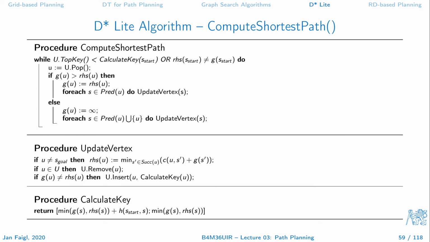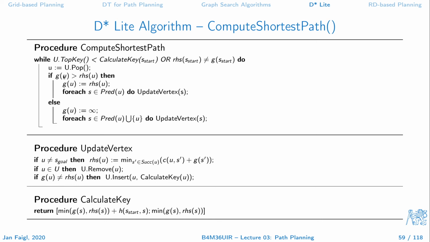So if the current value of G is above the one step look ahead, then we update the G. That's the shortcut, and we update the vertices.